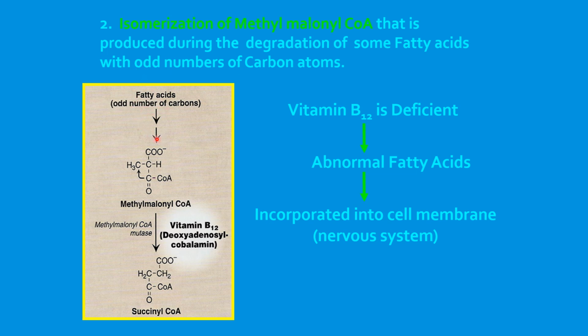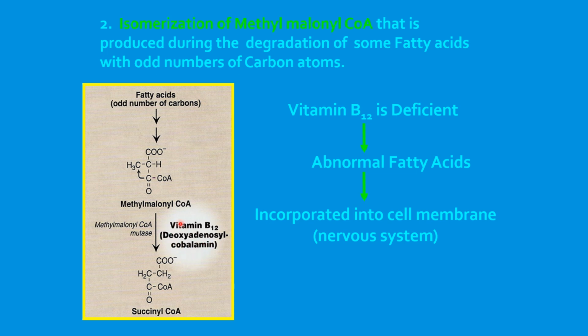So when the fatty acids with odd number are broken down through beta oxidation, they end up with propionyl-CoA, which in several steps results in methylmalonyl-CoA, which has to be converted to succinyl-CoA, which is an intermediate of the TCA cycle. This conversion of methylmalonyl-CoA to succinyl-CoA requires the enzyme methylmalonyl-CoA mutase, which requires vitamin B12 as a coenzyme.